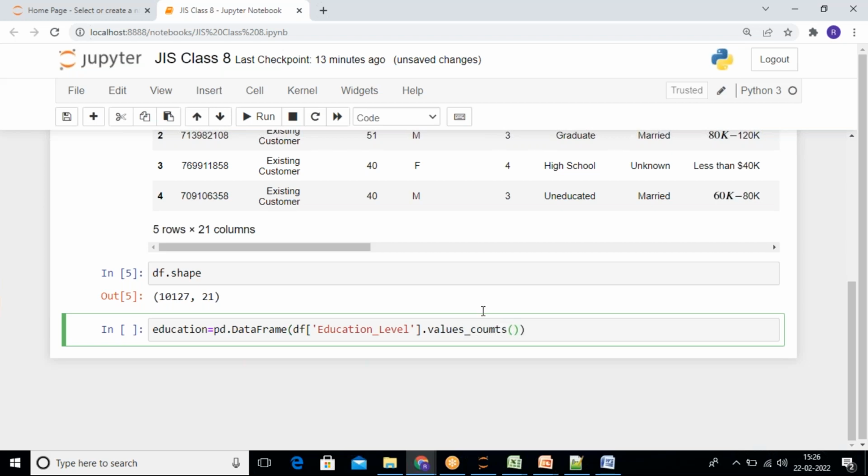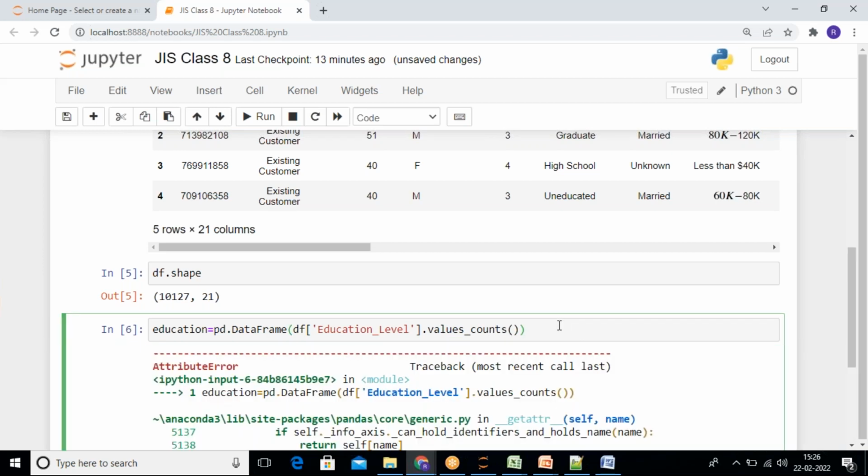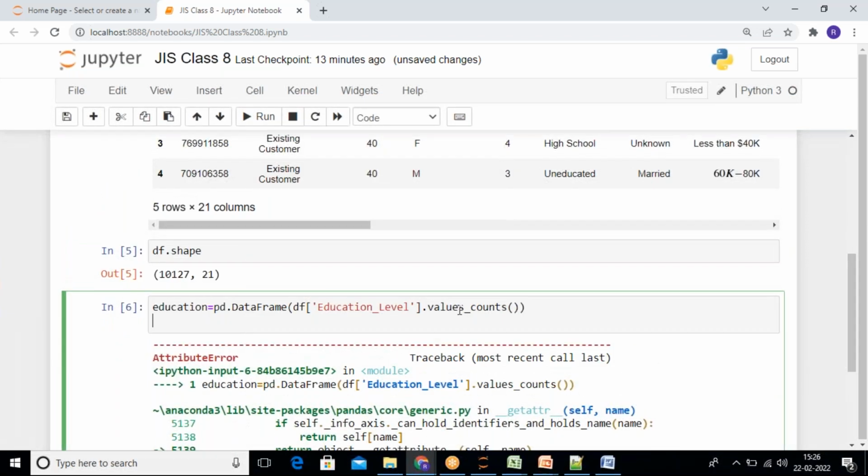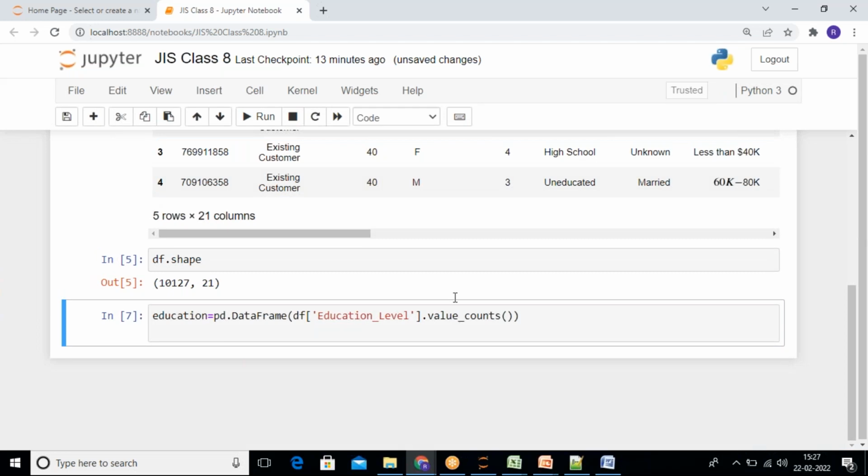So it will give the counts, value_counts. So inside education in a data frame the value_counts is stored, and from the data set I will take the unique values only. Total values count how much, I don't know. Okay, and then I will take the unique values.